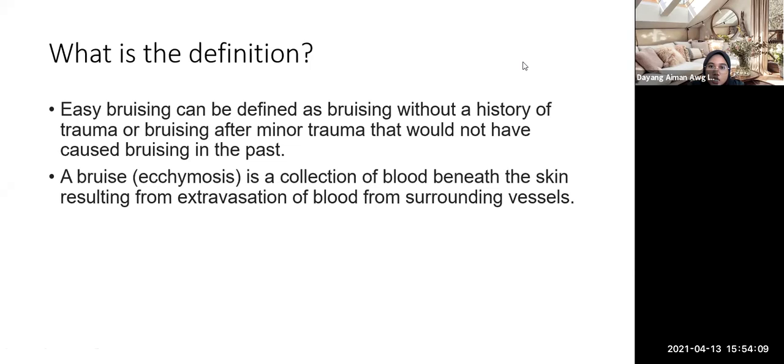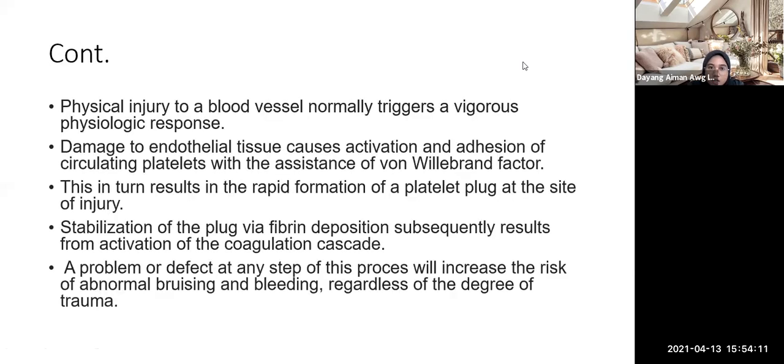So actually how a bruise occurs, when there is a physical injury to a blood vessel, normally it will trigger a physiological response, which is the coagulation cascade, right? So first, when there is damage to the endothelial tissue, it will activate the platelets and also the clotting factors.